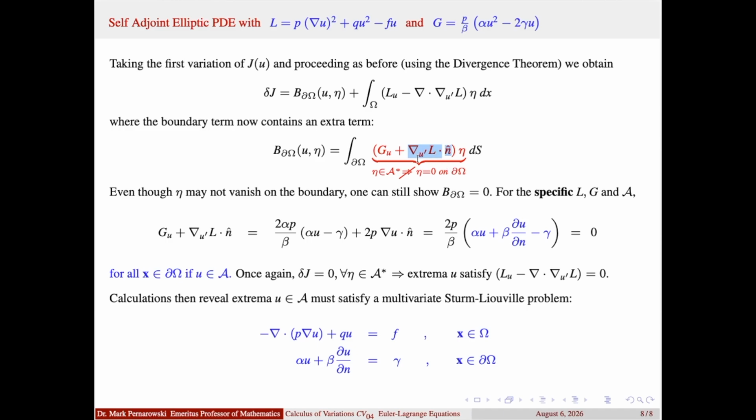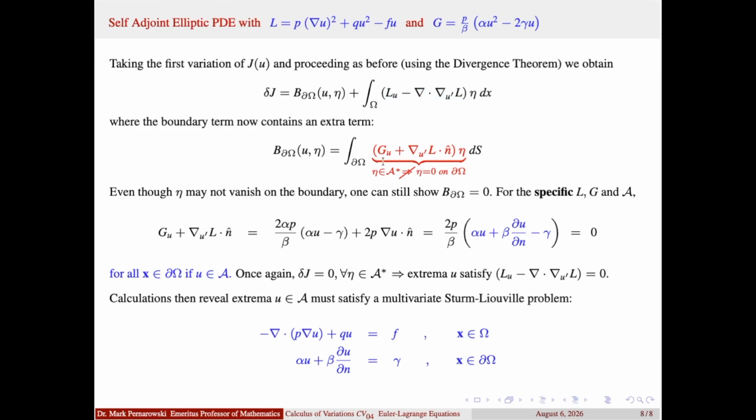But the addition of the extra surface integral defining J gives you this term, G sub u, in the boundary. Now, I would like to conclude that this thing is 0. I want this term to be 0. Why? Because if it is 0, then this expression I'm highlighting has to vanish, and that gives me the Euler-Lagrange equations.